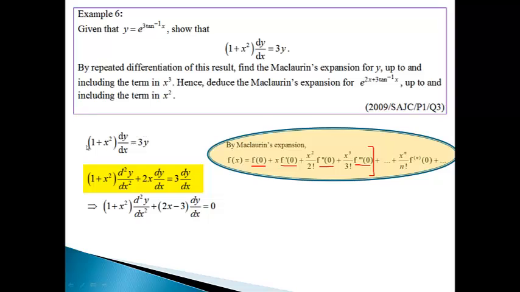So let us look at this equation here. On the left hand side is a product of 1 plus x squared and dy dx. So we're going to keep the front, which is 1 plus x squared. Differentiating the back dy dx, I will get d2y dx squared.